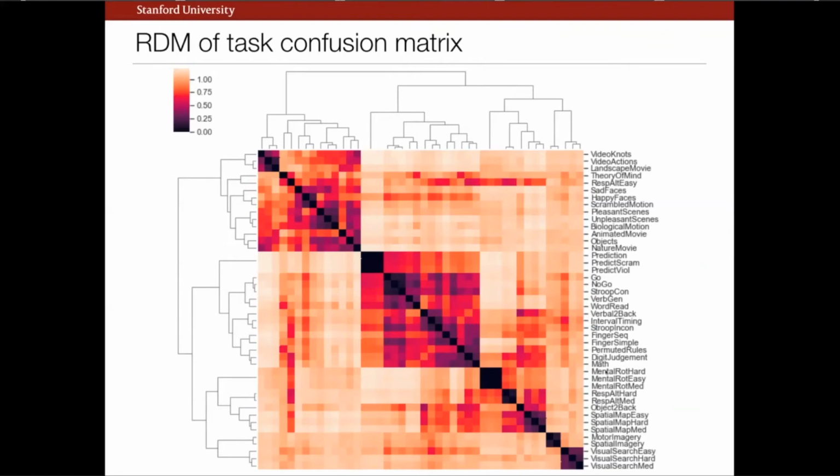So for example, if you look at the very bottom here, all the visual search tasks are highly confusable. All the mental rotation tasks are highly confusable. And then you see a number of different relationships that you would also expect, like video, landscape, movies, different types of faces together, different types of scenes together. So there's a comforting amount of similarity in that confusion matrix.